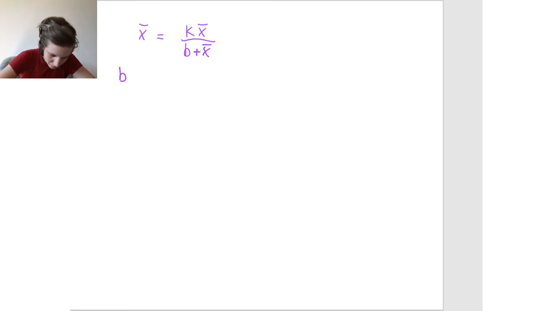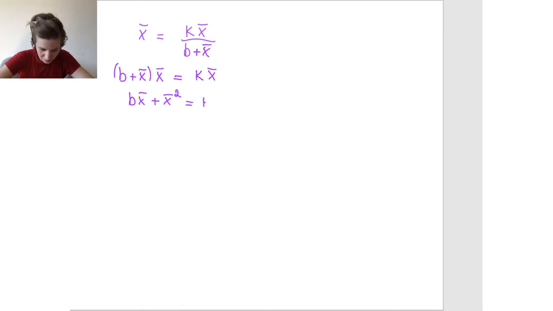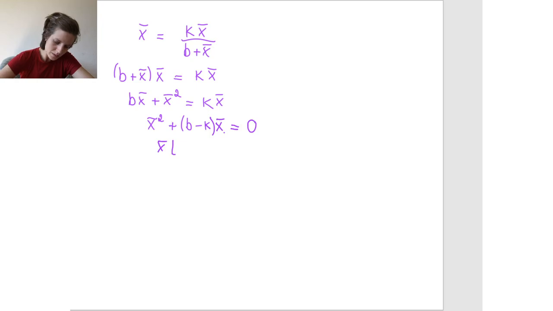So it will be plus x bar, it's equal k times x bar, and so it will be b x bar plus x bar squared is equal to k x bar, and then you get x bar squared plus (b minus k) x bar is equal to 0, or x bar times (x bar plus b minus k) is equal to 0.